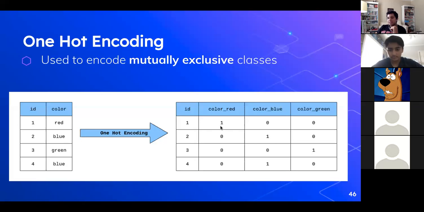We would put a check mark or a 1 in the box that showed that it's red, and we would put a 0 or an X in the other ones, because a red crayon cannot be blue and it cannot be green. So we simply put a 1 where it's supposed to be. You can just ignore the ID. It's pretty redundant. It's just matching the data points to it. But yeah, does that make sense? Yeah. Okay, cool.